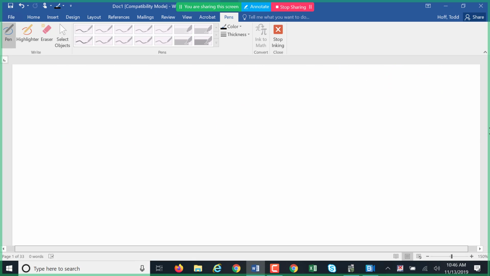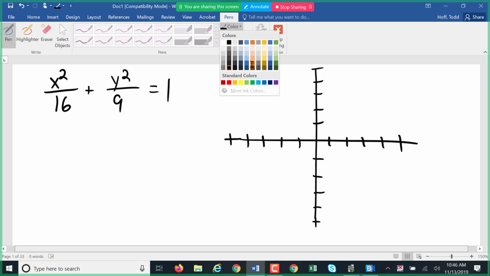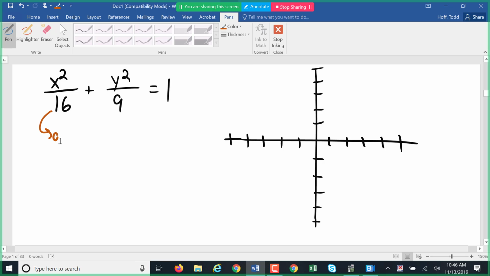So if I have x squared over 16 plus y squared over 9 equals 1, my semi-horizontal axis, A, is 4 units because the square root of 16 is 4.